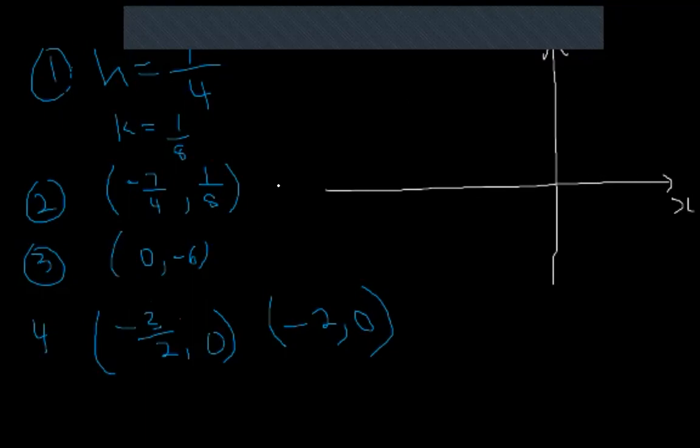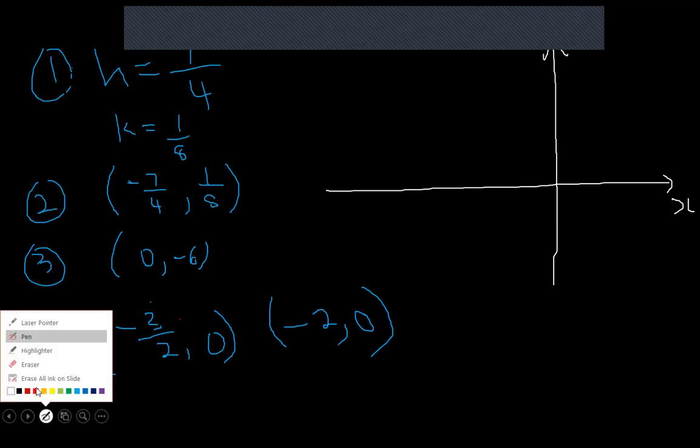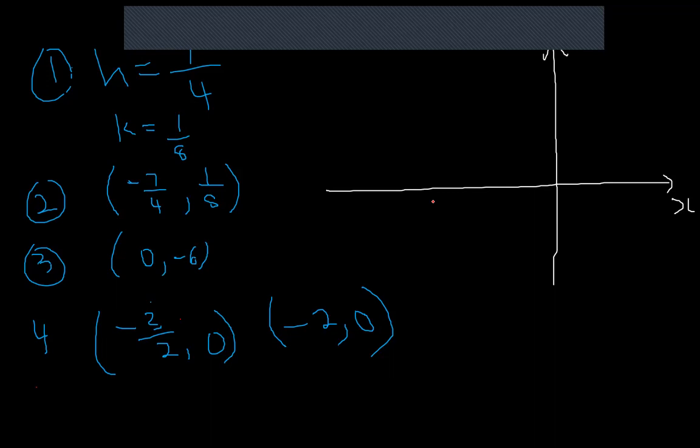We said that this is going to be a maximum curve. Why is it a maximum curve? Because my value of a was negative. Okay. So you find your roots. You need to plot these.